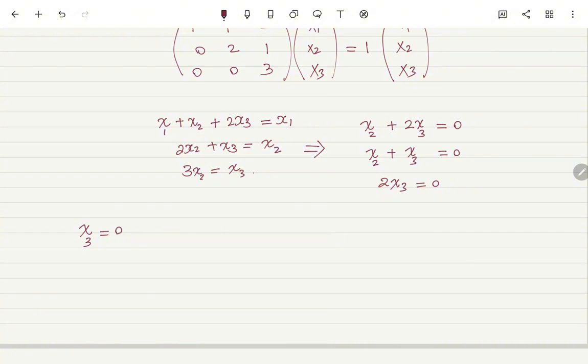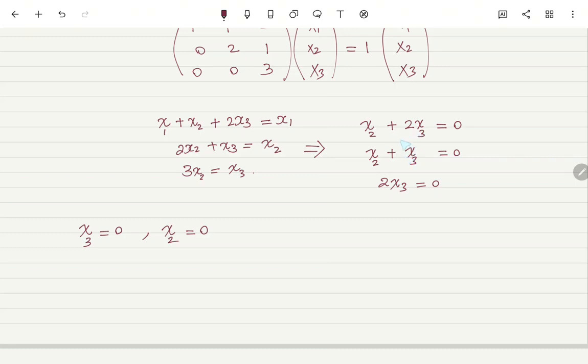And when we substitute x3, which is 0 in this case, in the second equation, x2 will be equal to 0 as well. And for these equations, we cannot determine x1.